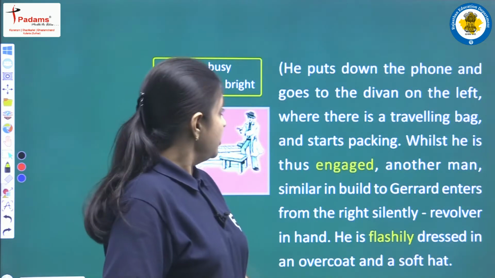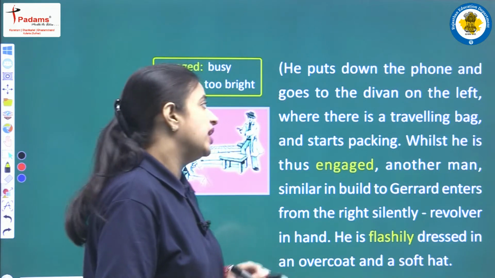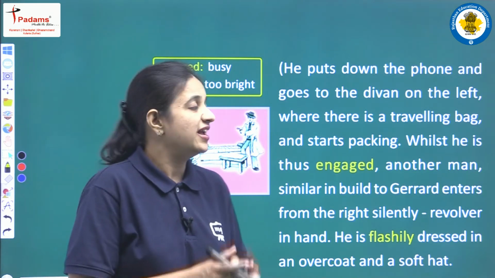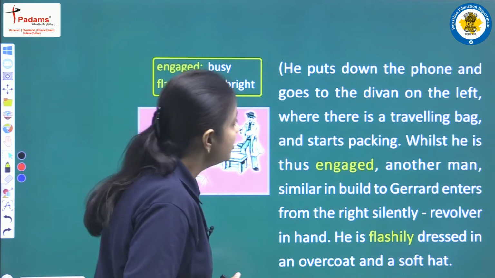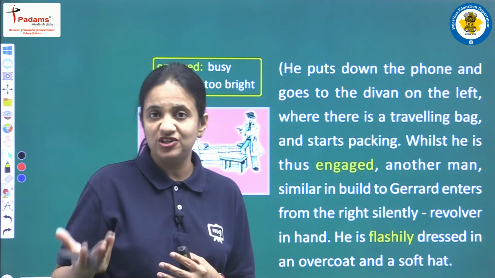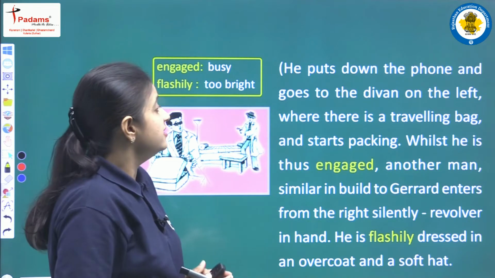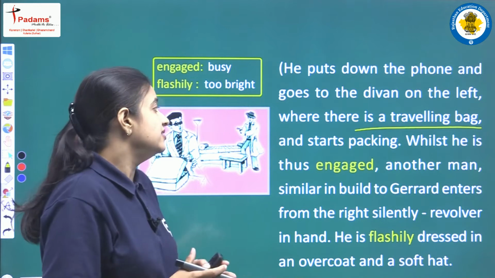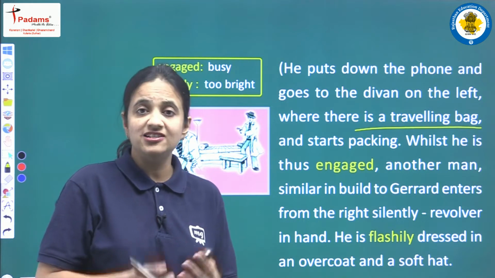He puts down the phone and goes to the divan on the left where there is a travelling bag. So when his conversation has ended, he puts down the phone and then goes to the divan. We have seen in the picture what a divan is. The divan was on the left and one travelling bag was there on the divan, and then he started packing. So one bag is there and that is a travelling bag.